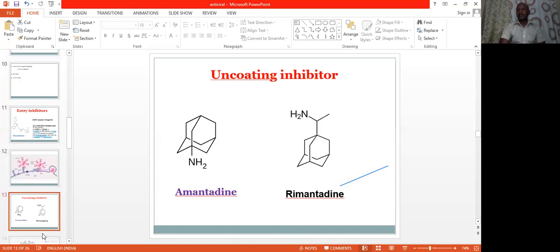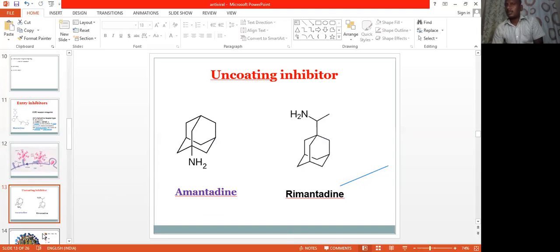The next class of drug, which again acts before cell entry, is the uncoating inhibitor. Suppose the virus has entered, or diffused into, the cell. Once it has diffused, it has to replicate.